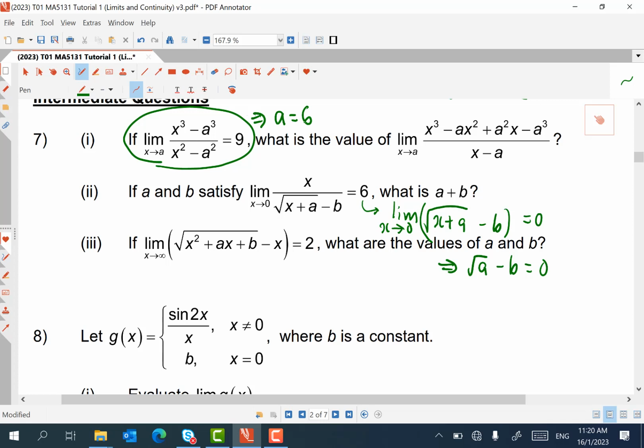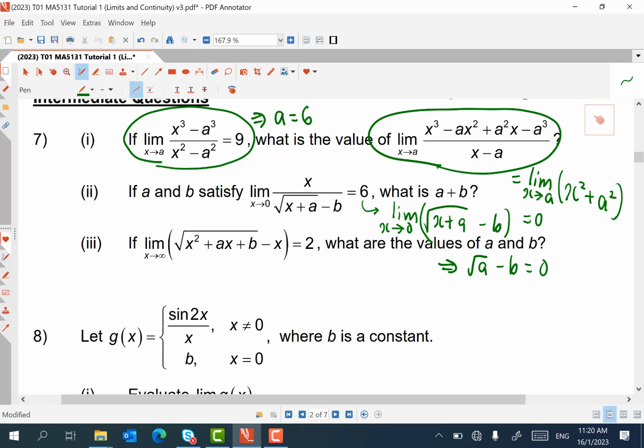Then he managed to reduce this into the limit as x tends towards A of this, which equals x squared plus A squared. Isn't it supposed to be plus? Yes, it's plus.